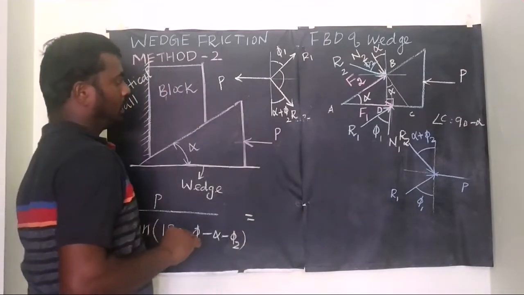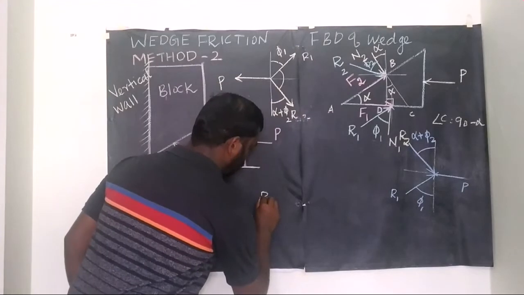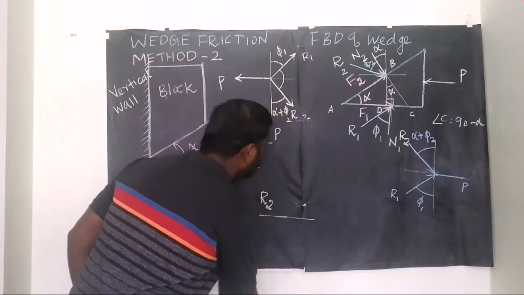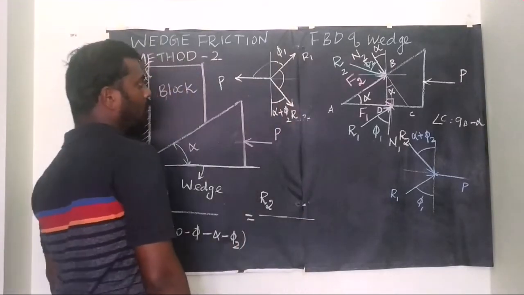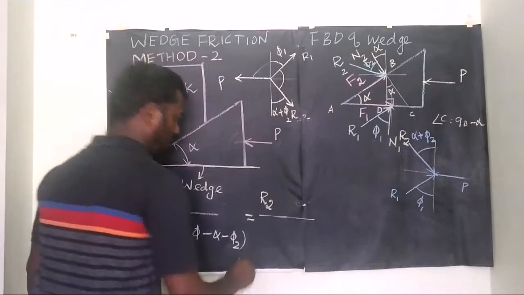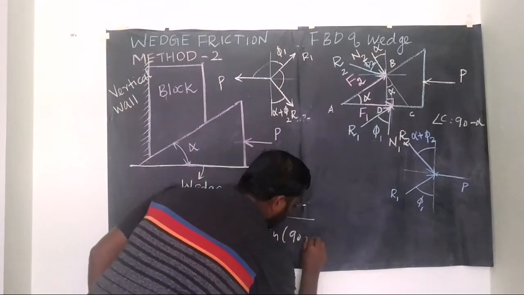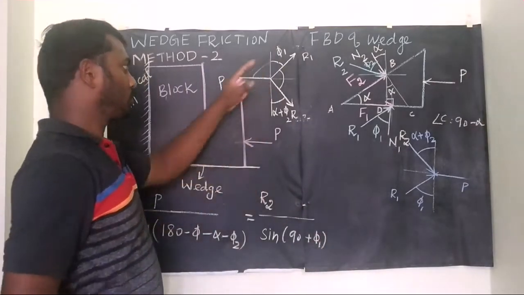equal to, then come to resultant force R2. Its opposite angle is this angle, that is 90 plus pi 1, sine of 90 plus pi 1. Then come to resultant force R1.